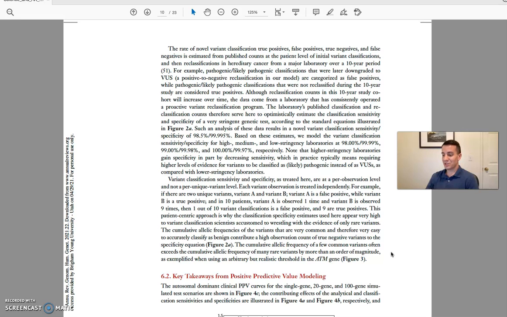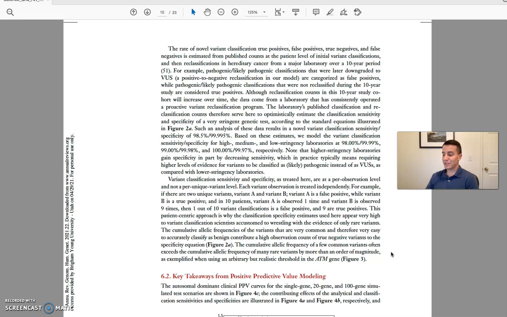This patient-centric approach is why the classification specificity estimates used here appear very high to variant classification scientists accustomed to wrestling with the evidence of only rare variants. The cumulative allelic frequencies of the variants that are very common, and therefore very easy to accurately classify as benign, contribute a high observation count of true negative variants to the specificity equation.